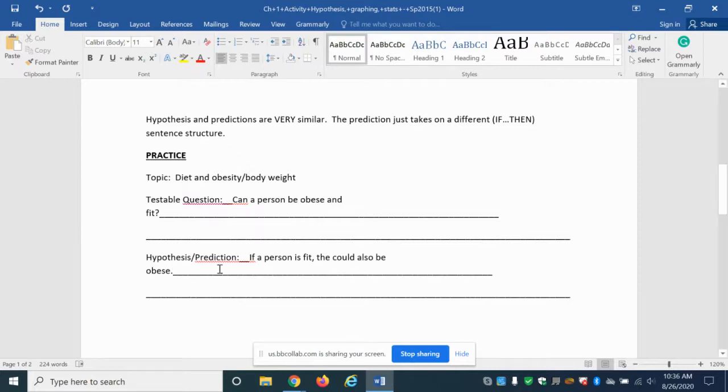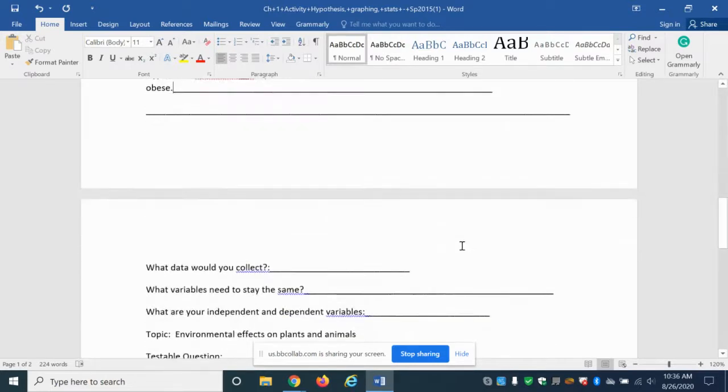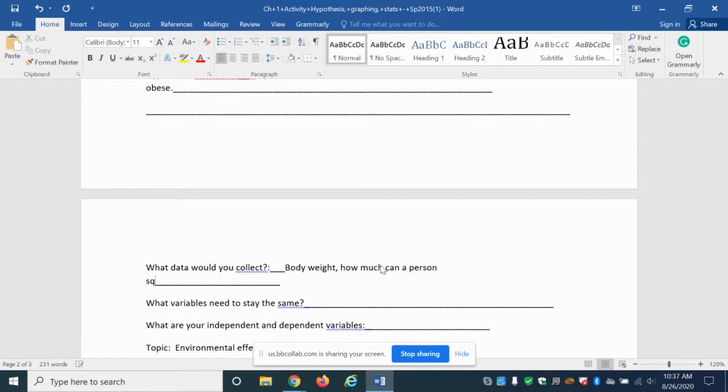And as you're going through to further define what data you would collect, you may collect body weight, and maybe you're interested in strength specifically. So maybe body weight and maybe how much weight a person can squat.